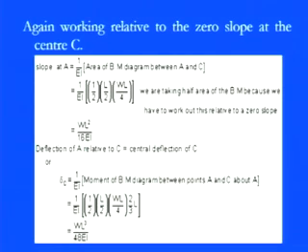Similarly we can also calculate the deflection between point A and C, which can be easily calculated by the same theorem 2, 1 by EI into the first moment of area of the bending moment diagram between point A and C. Again we know the area, which is equal to half L by 2 into WL by 4.